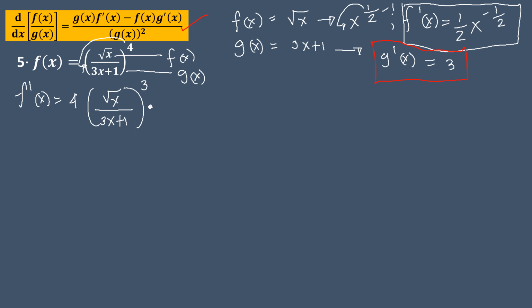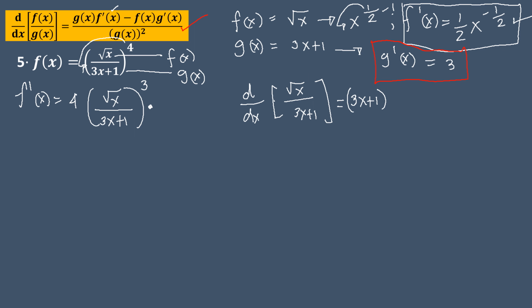We will have d/dx of square root of x over 3x plus 1 equal to, as the formula says, the g of x, meaning the second function or the denominator, written as is, 3x plus 1, times the derivative of the first function.